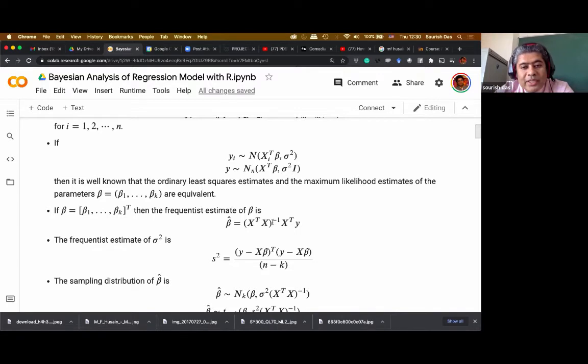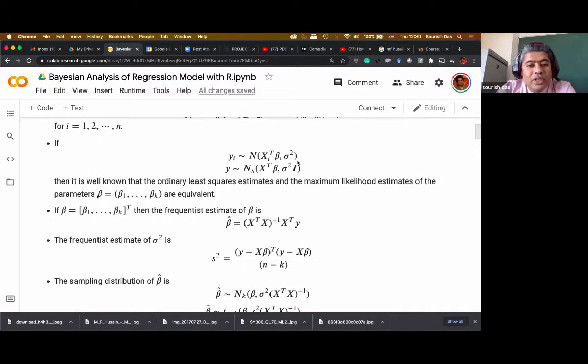Now look into this. X transpose X inverse X transpose, you can use it as a C, and that means beta hat is C Y, and so that turns out to be C times X transpose beta for the mean, and C sigma square C transpose for the covariance.